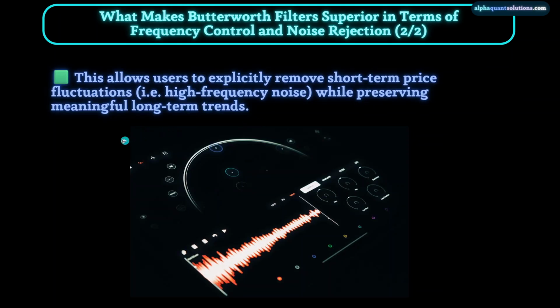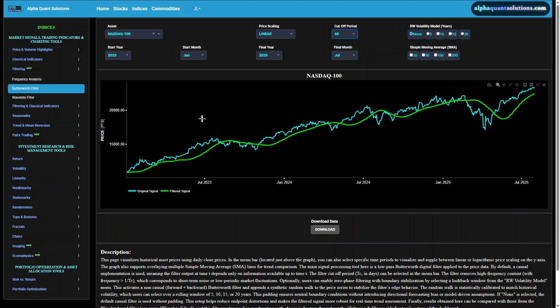Because we are interested in long-term market trends in the strategic investment zone. So actually what we want is to remove any short-term price fluctuations, which is equivalent to high-frequency noise. And this is best achieved by using a low-pass Butterworth filter configuration. So here is an example of a Butterworth filter from our quantitative investing dashboard.